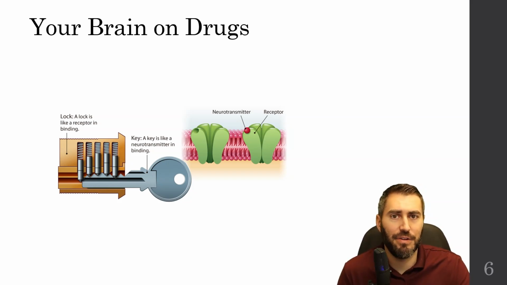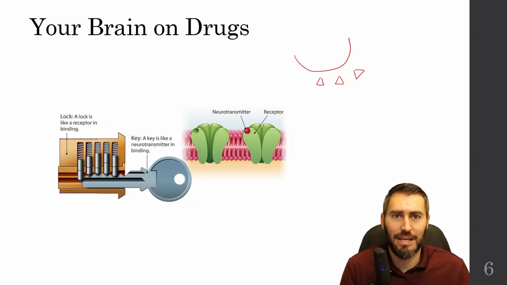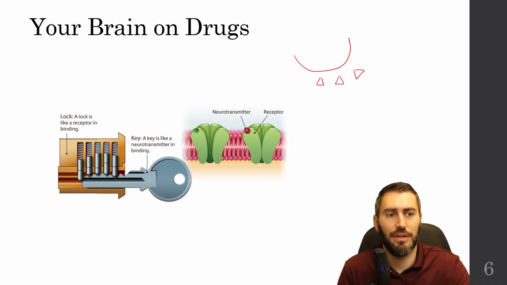When we have those neurotransmitters, they have some particular shape, some chemical property that produces some shape of how they exist. So again, let's say we have our terminal button up here with our neurotransmitters that are being sent out. And let's say these are our neurotransmitters coming out into that synaptic cleft, or that in-between space between the terminal button and the receptor, or the dendrite of the next cell.